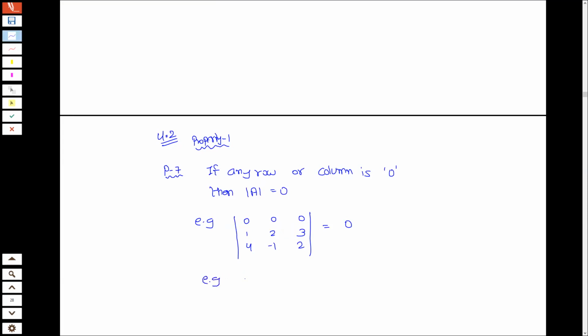Another example, let's say I have 0, 0, 0, then any numbers, 1, 2, 3, 4, 1, 6. Then also here I have 0, and the value of the determinant will be 0, because the expansion of a determinant can be through a row or column. So we can expand along it.